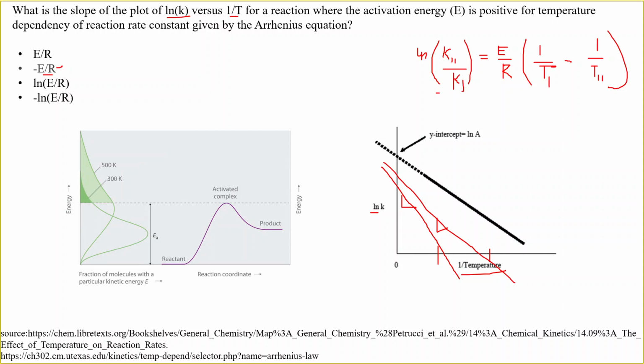So according to this expression, you can treat it like y is equal to mx, oh sorry, here it will be negative. So then again, you will have minus E by R as your slope.